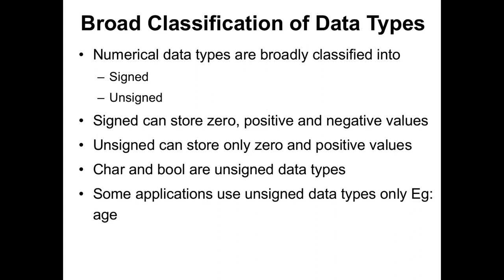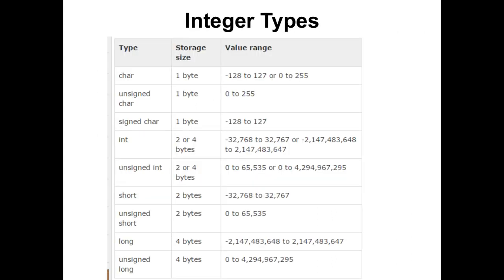In some cases you may have to use an unsigned data type. For example, age cannot be negative, so in that case you can go for unsigned data type. When we look at the memory allocated for char, 1 byte is allocated. Unsigned char is also 1 byte, but look at the range of values that can be stored. When I simply say char, one byte means 8 bits.